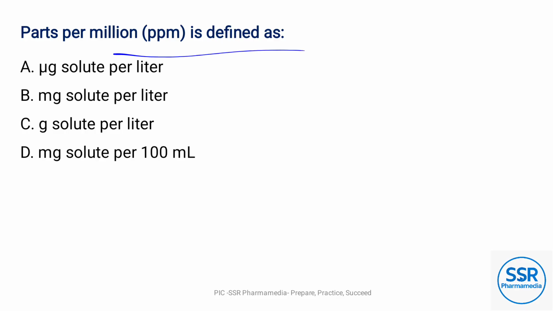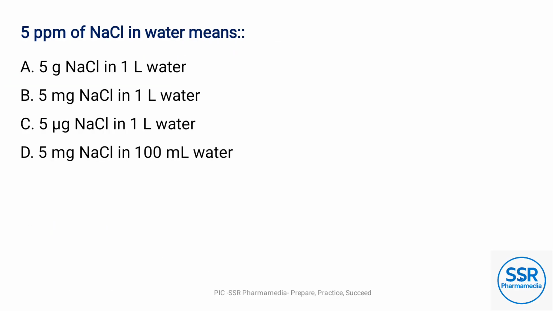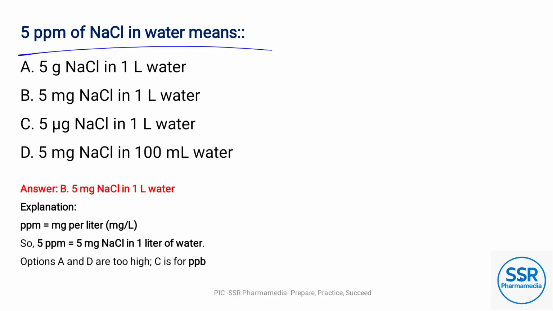Parts per million is defined as option B, and ppm of sodium chloride in water means option B is the answer.